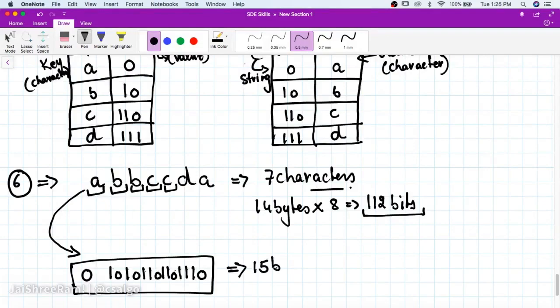So it is now taking only 15 bits as compared to 112 bits. I hope you are clear how we have saved a lot of space. From 112 bits, it is now taking only 15 bits because we are just storing the string in the form of zeros and ones. So this is the Huffman encoding.